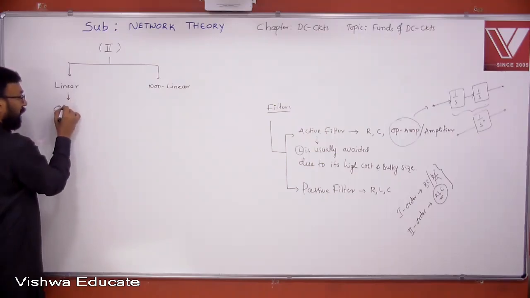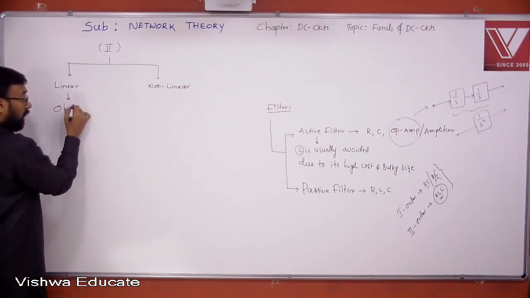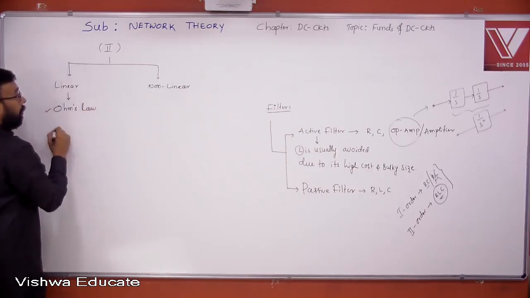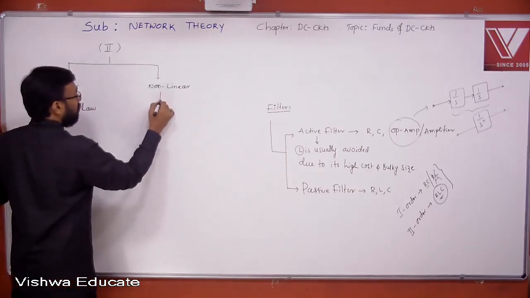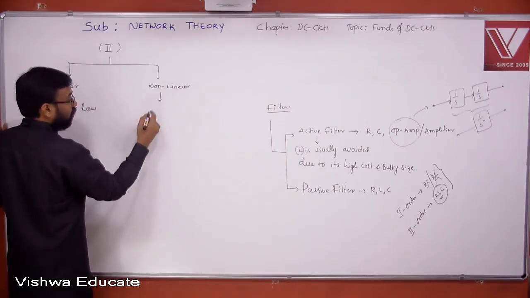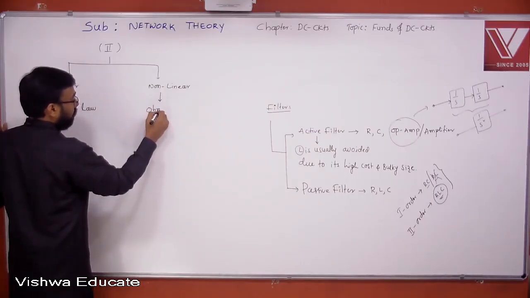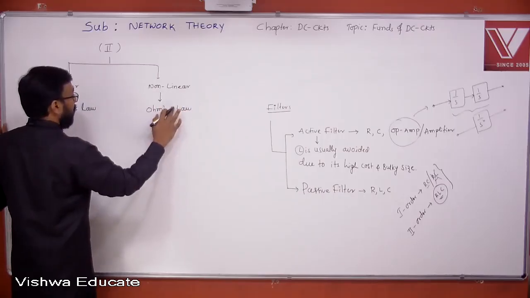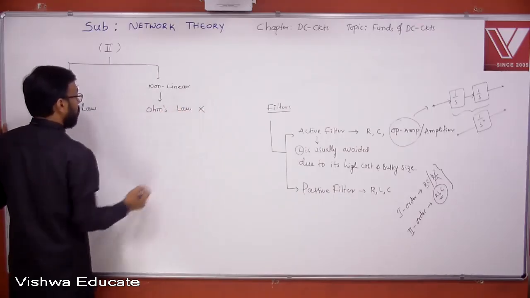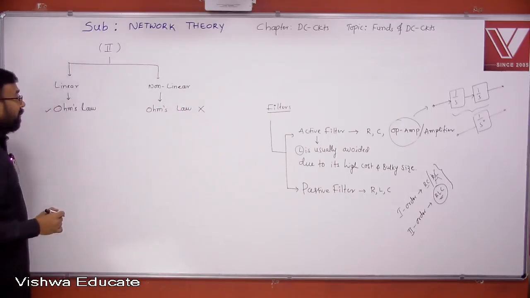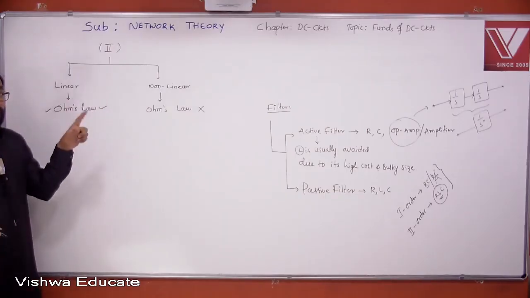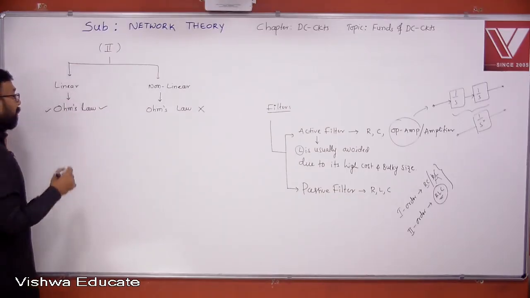An element which obeys Ohm's law. What is a non-linear element? An element which does not obey Ohm's law. An element which obeys Ohm's law is called linear element. An element which does not obey Ohm's law is called non-linear element.